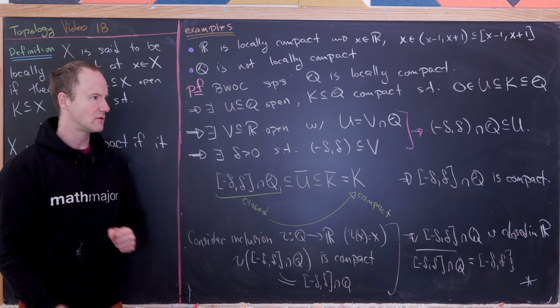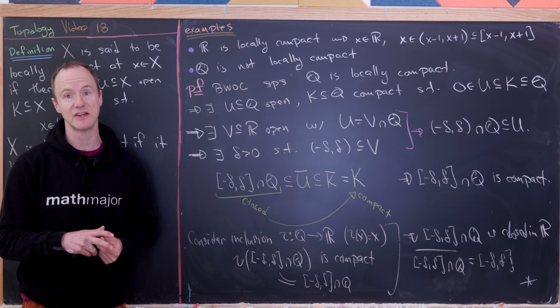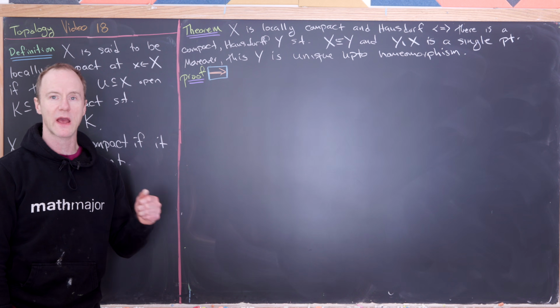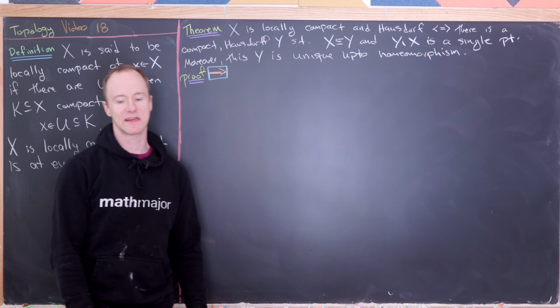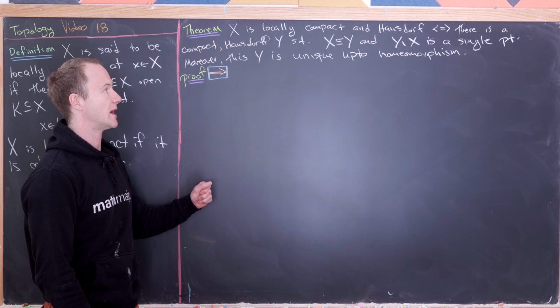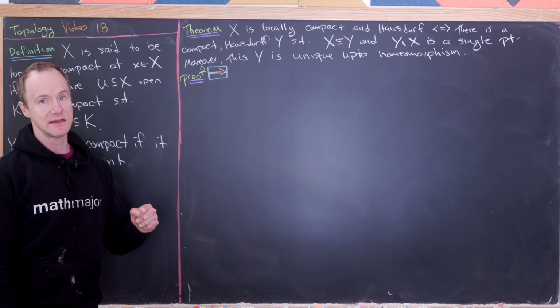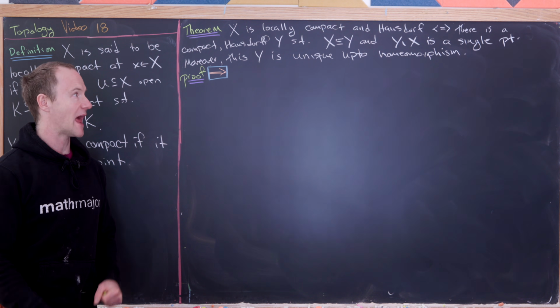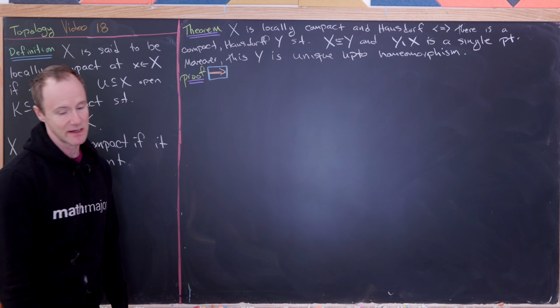Okay, so now let's get to this idea of the one-point compactification of a topological space. Okay, here's our big result of the day. So X is locally compact Hausdorff if and only if there's a compact Hausdorff space Y where X is a subspace of Y and Y only has one extra point from X. In other words, Y minus X is a single point.